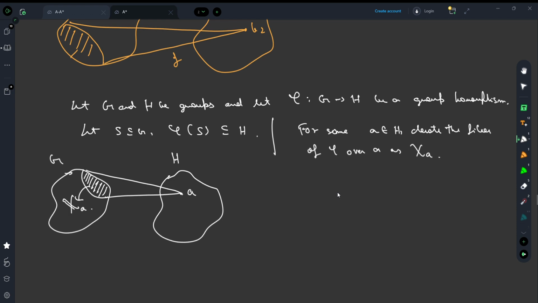Now comes the main fact: these fibers partition G. Why do they do so? I mean to say, will they intersect at any point?